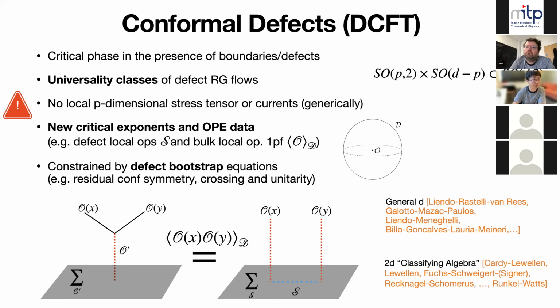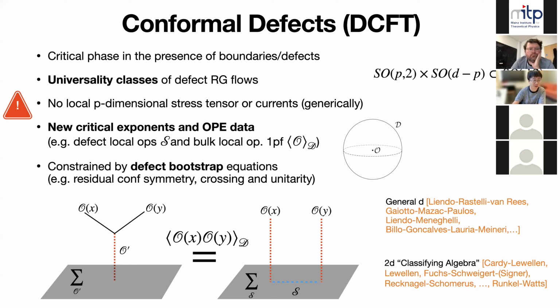All this new conformal field theory data in the presence of defects is constrained together with the bulk OPE data by the so-called defect bootstrap equation, which has been studied in various papers for general dimension, and also shows up in earlier work in two dimensions in terms of the so-called classifying algebra.